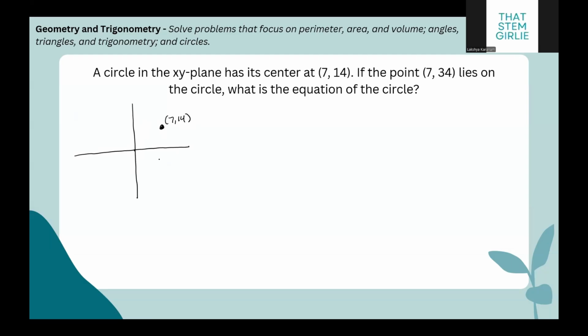And then on the same X coordinate, but way up here, you'll have 7 comma 34, which lies on the circle, which means that basically this is your circle, right?